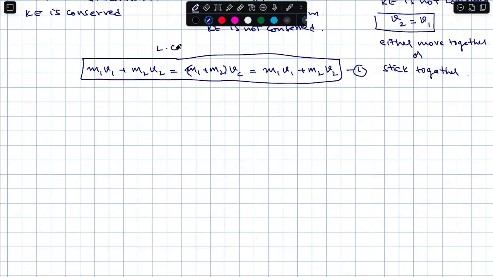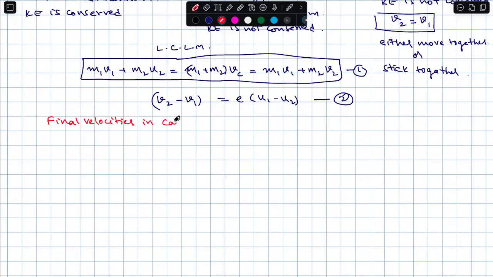This is on the basis of the law of conservation of linear momentum. And one more important point: v2 minus v1 is equal to e times u1 minus u2. Let this be equation 2. Now I am deriving final velocities in case of one-dimensional head-on collision.